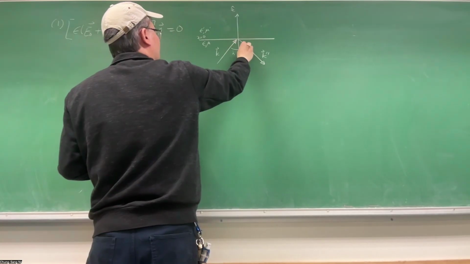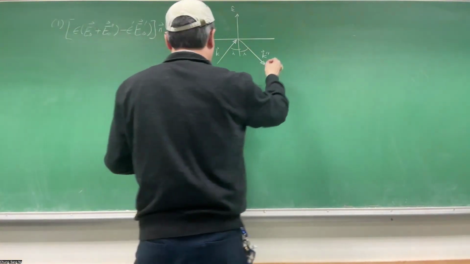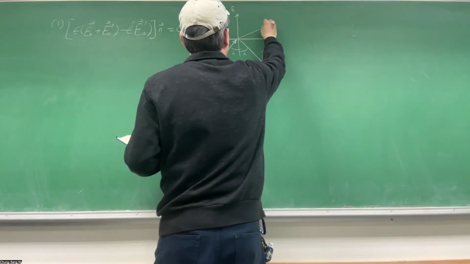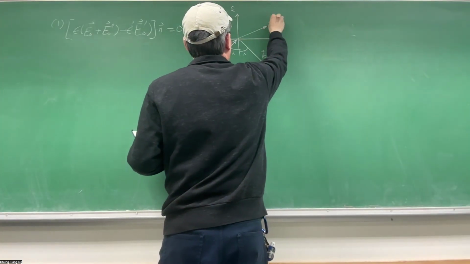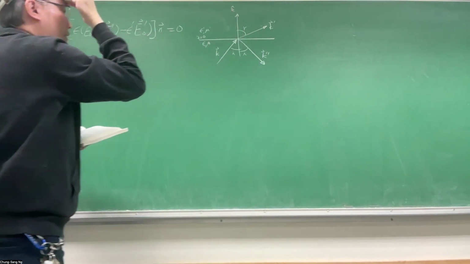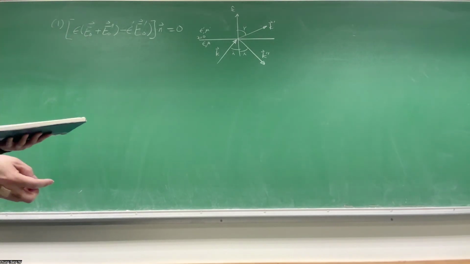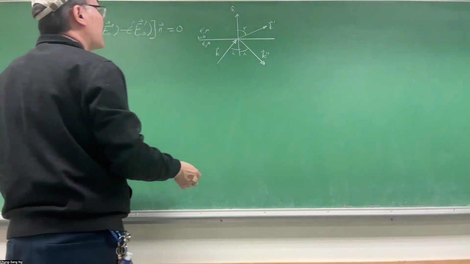The angle we already showed that they are the same, right? And then we have the refracted wave, k prime, and the angle is r, and r and i are related with Snell's law. We also derived that.